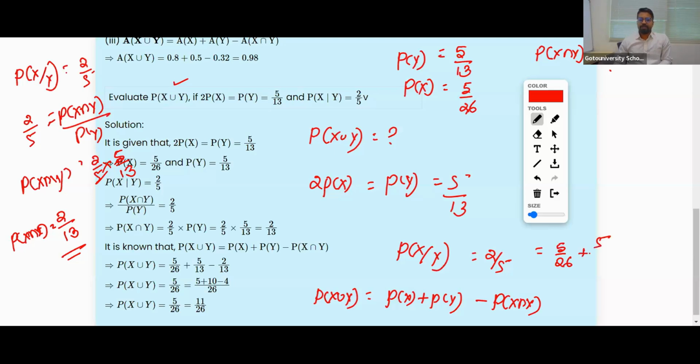P of Y is 5 by 13 minus 2 by 13, which is 5 by 26 plus 3 by 13. LCM is 26. So it is 5 plus 6, which is simply 11 by 26. And that's the answer we have. So if we have done the calculation correctly, it has to give you 11 by 26.